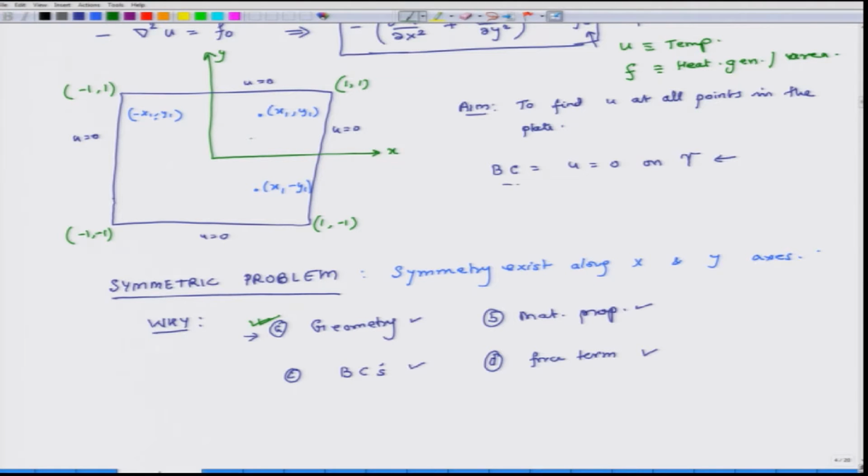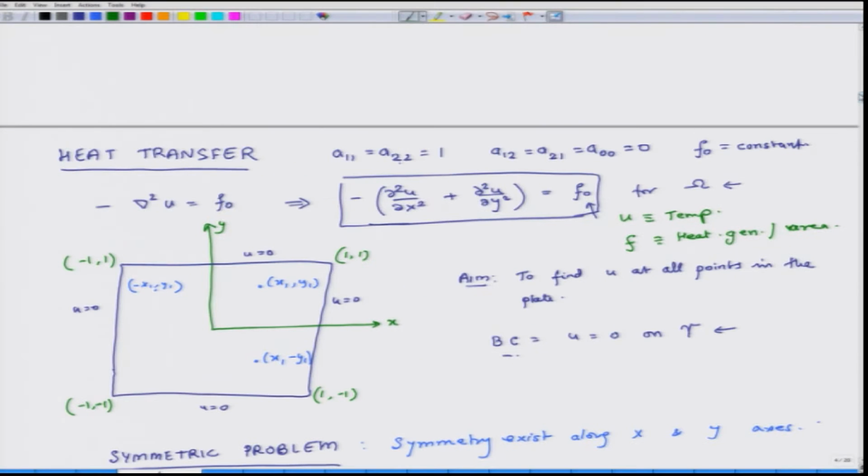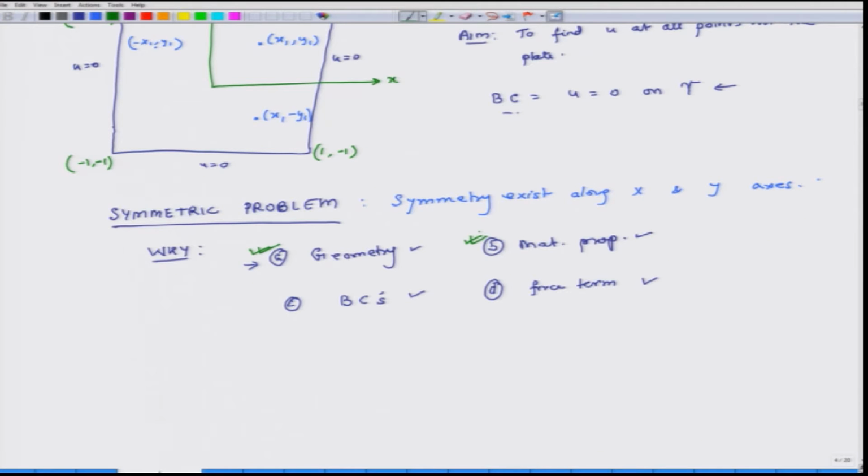What that means is that if there is any point x1 y1, then at another point on the other side of the x axis at the same distance, the properties should be the same. In this case, the material properties are A11 = A22 = 1, which means these properties are the same in the whole field. So, properties are symmetric.